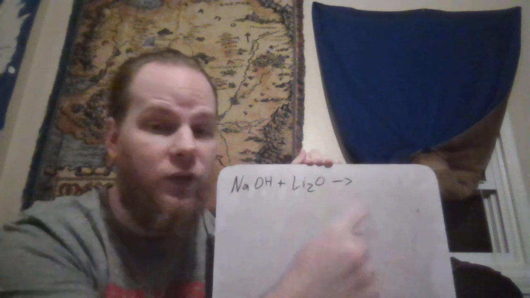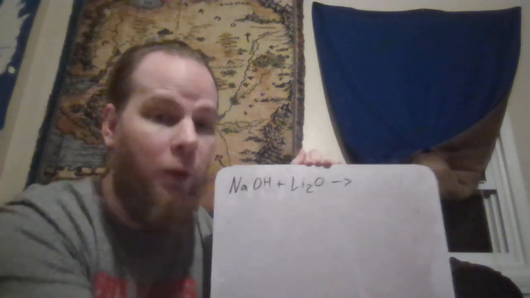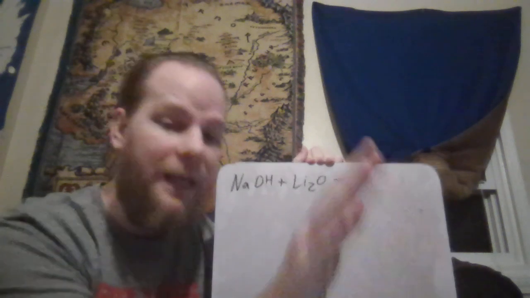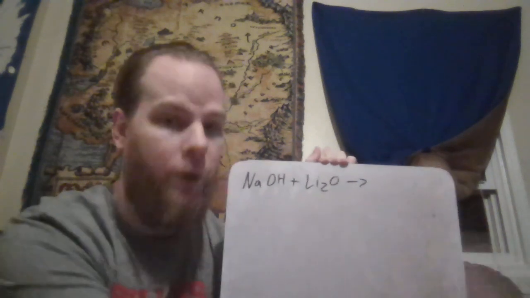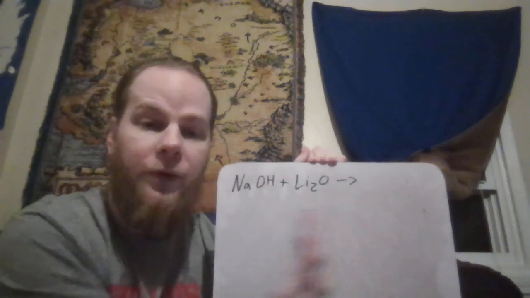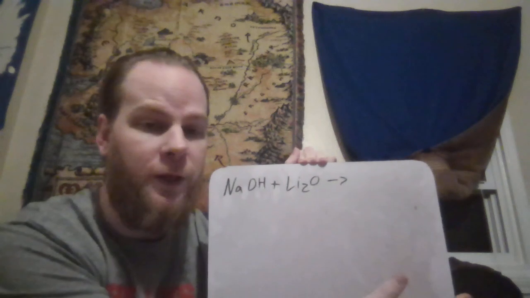Okay, so in SO4, the 4 is part of that polyatomic ion. If you get rid of the 4, it's not sulfate anymore. Okay, sulfate has to be SO4. There have to be 4 oxygens. So if a compound has sulfate in it, you can't get rid of the 4 when you split it up.